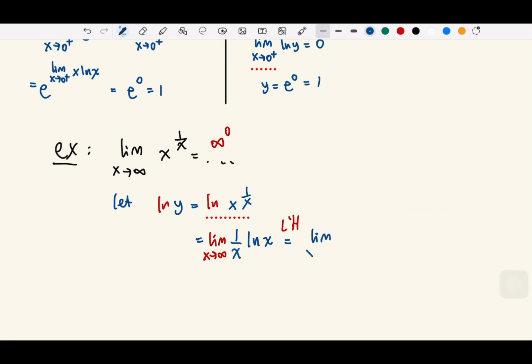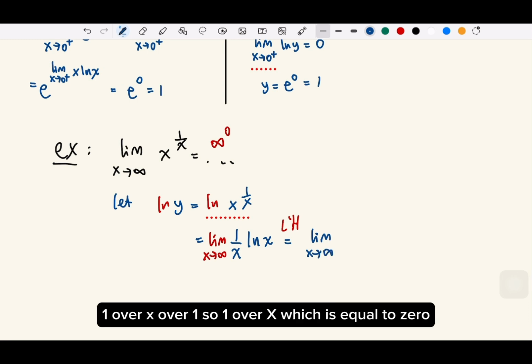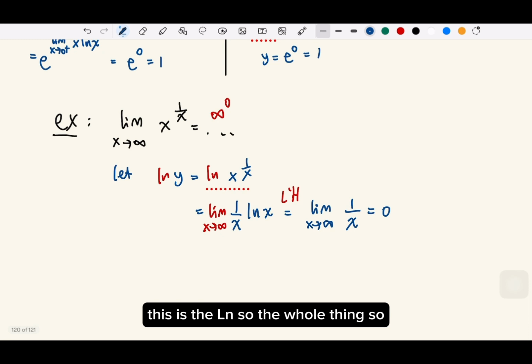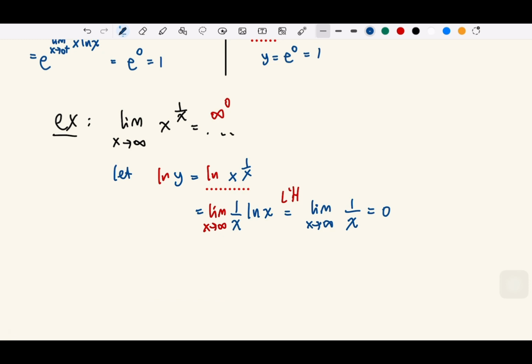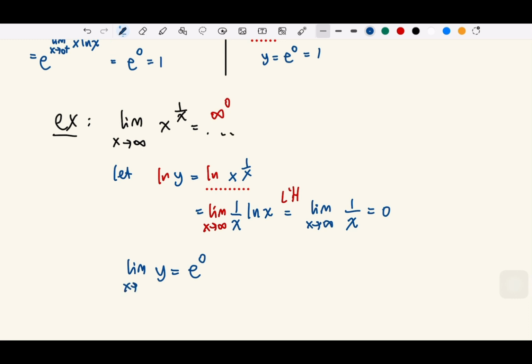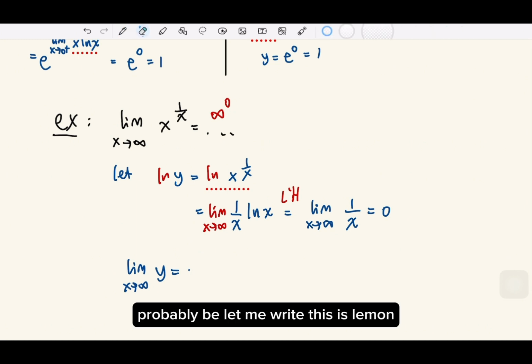So this will be 1 over x over 1, so 1 over x, which is equal to 0. So this is the ln, right? So for the whole thing, y is equal to e with power of 0.